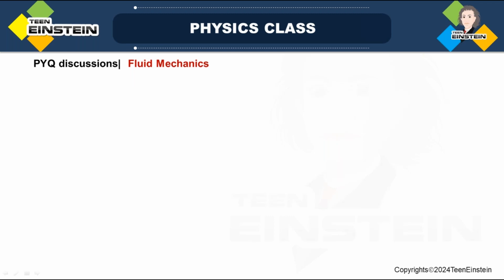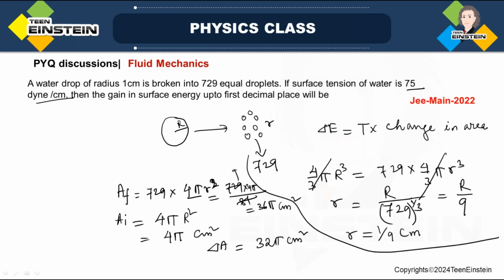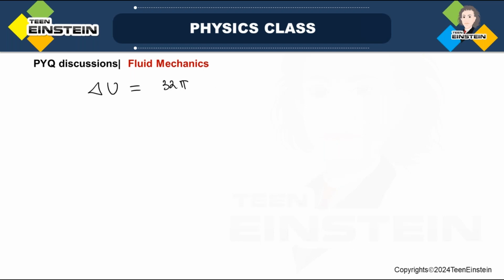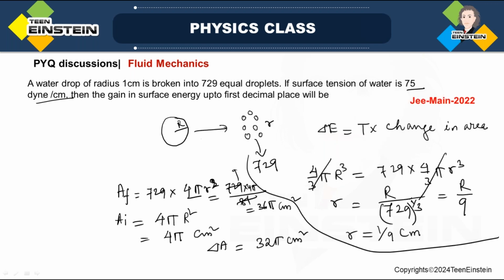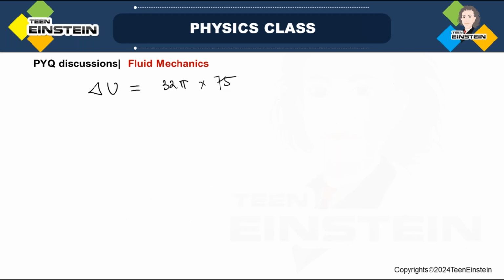Now, surface tension, see, what is the surface energy? Change in surface energy, let me write that as delta U. So this will be 32 pi into 75 dyne per centimeter. See, this is centimeter square and this is dyne per centimeter.